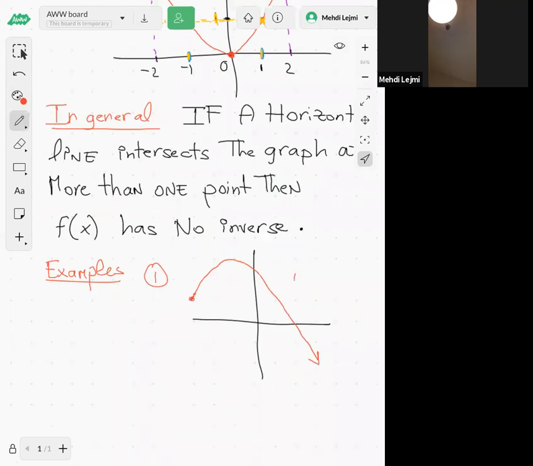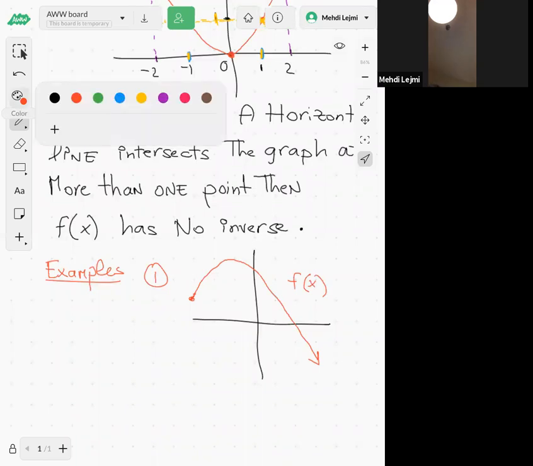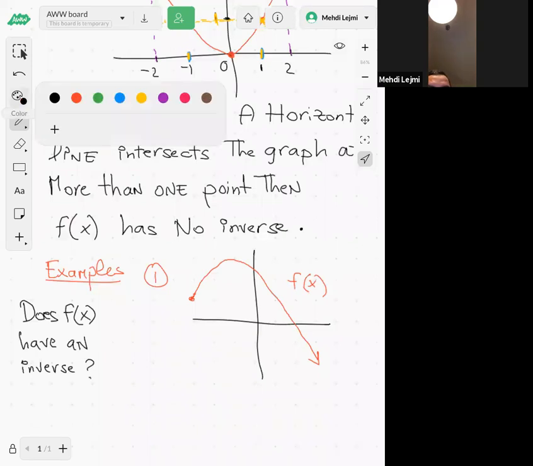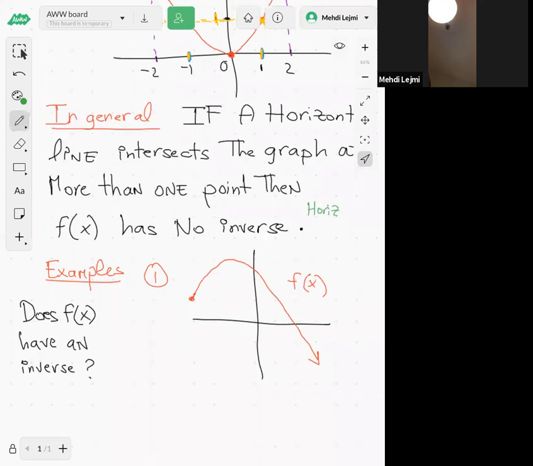Let's say this is my f of x, and the question is, does f of x have an inverse? Okay, so I can just apply what I call the horizontal line test.